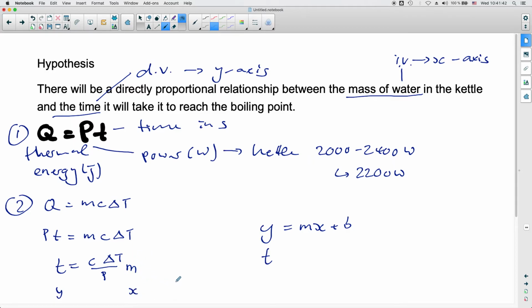So I'm writing that at the very end. What is confusing, this here is the gradient or the steepness, and this is my y-intercept.